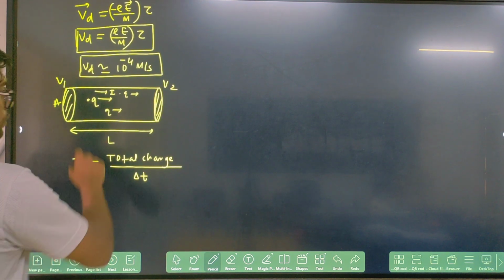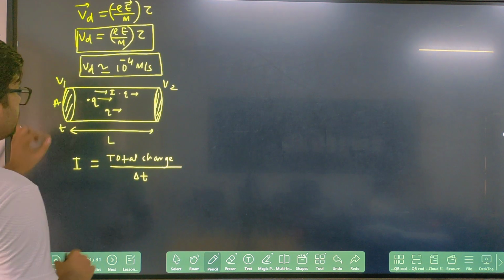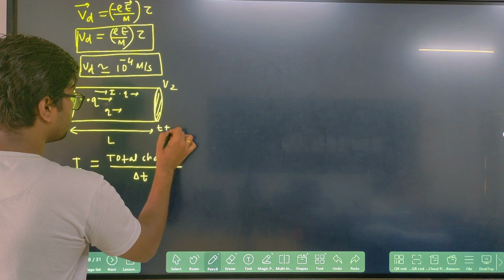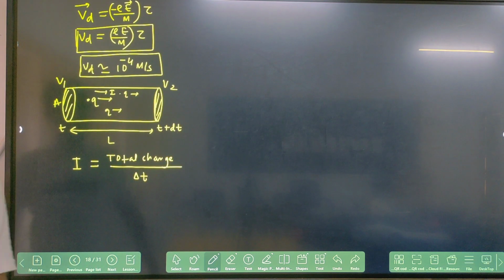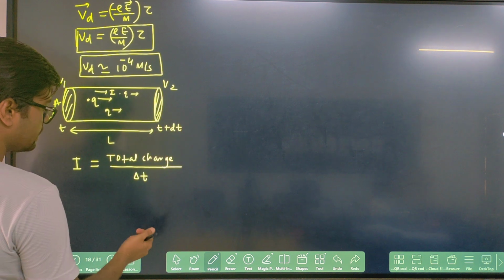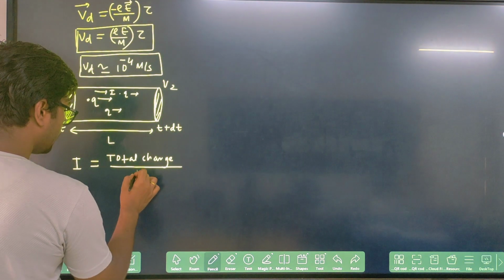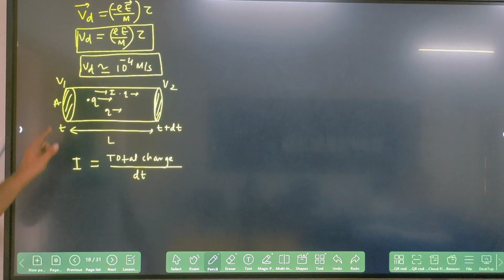This is the current flowing through this conductor. Let's say this is time t, and this is t equal to t plus dt. This is the condition. Now, how much time is it taking? dt time it is taking, so I can put dt here. It goes from t to t plus dt. Clear?